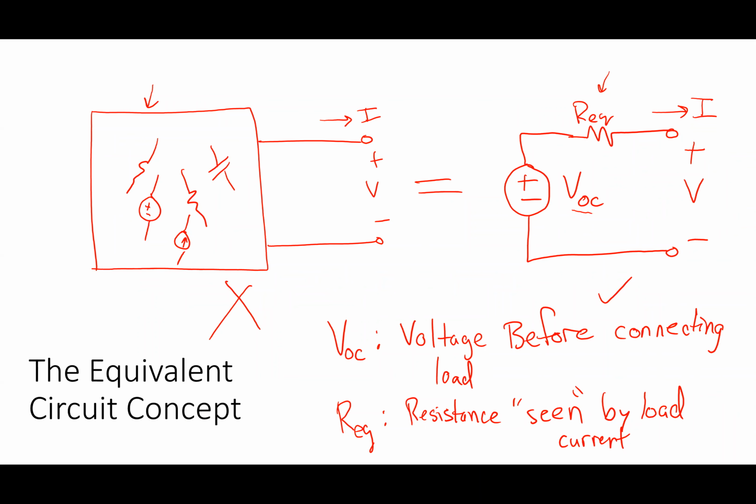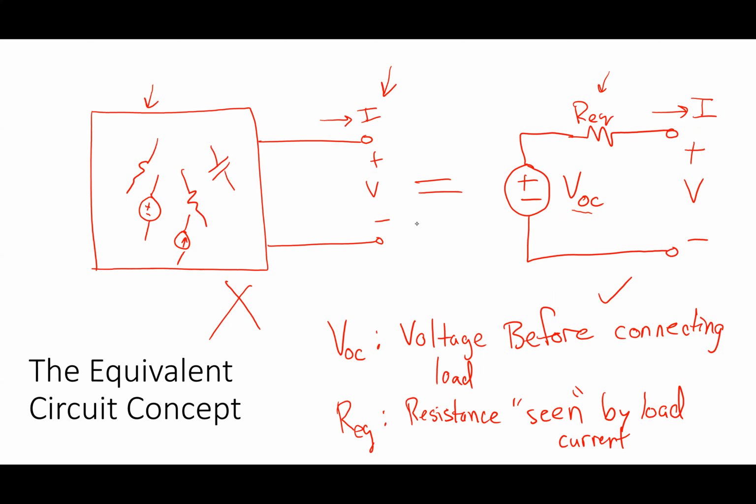Okay, so what we say here, and this is important: if I look at this thing on the left, there's a bunch of stuff there. Basically, what we're saying is all I need to know is the terminal characteristics of that thing. Meaning if I draw 1 amp from this network, what does that do to the voltage of the terminals? That's basically the idea.